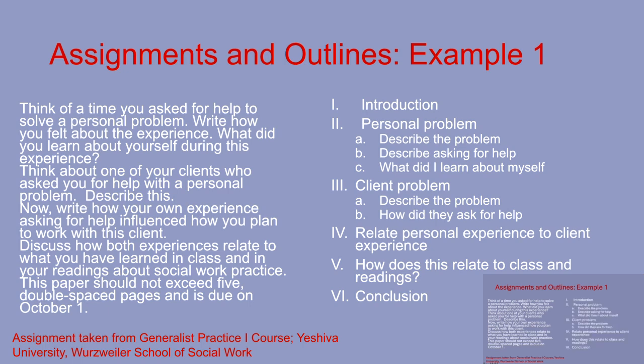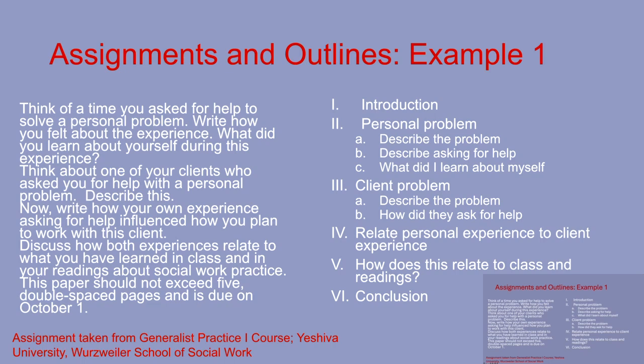So here's an example of what a completed outline looks like. Notice the only thing that I've added is an introduction and a conclusion. These can really just be very brief statements about what the assignment is and what perhaps you have learned from it. But notice we have 3 real parts to this, and then an additional part on how this relates to class and reading.